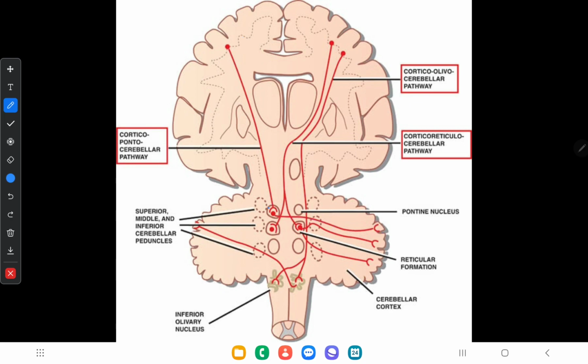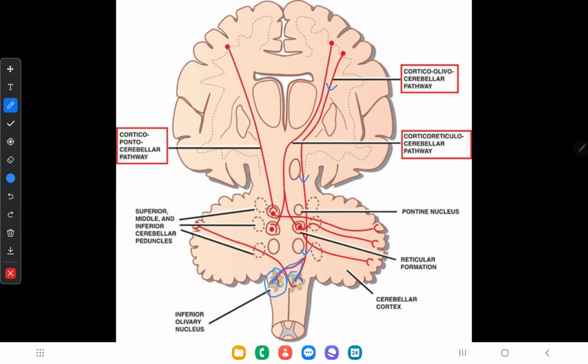Next one is the cerebro-olivocerebellar pathway. You can see those fibers arise from the frontal, parietal, occipital, and temporal lobes of the cerebral cortex and descend through the corona radiata and internal capsule, and terminate bilaterally on the inferior olivary nucleus.